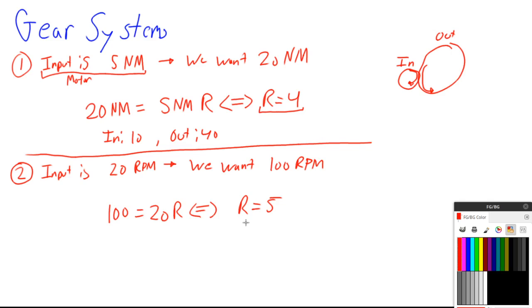So say in this case, if our input is 100 teeth, then our output would have to be 100 divided by 5, that's 20.